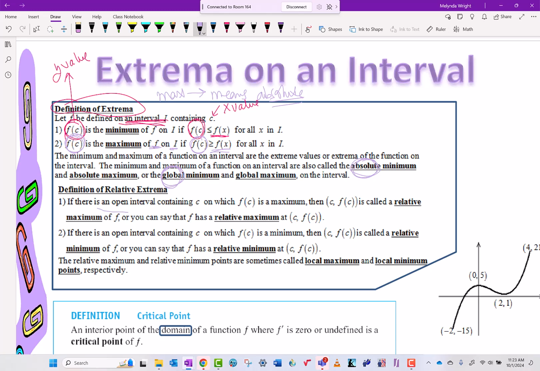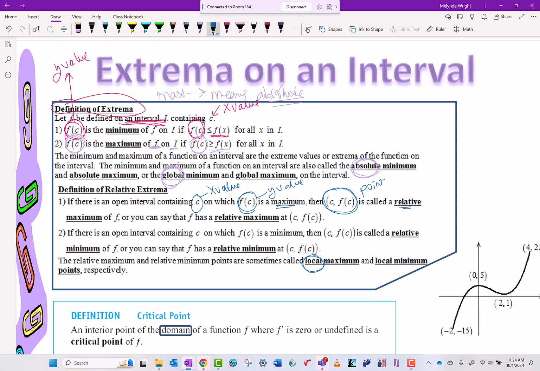Here it's not a closed interval, it's an open interval, and it contains an x value where the y value is a maximum value. It's specifically a relative maximum value. This is the point: c would be the x, f of c would be the y. And so that's a relative maximum value. The other vocab word for that is either relative or local.